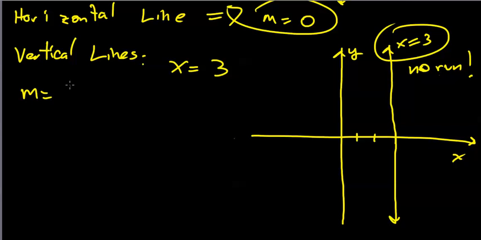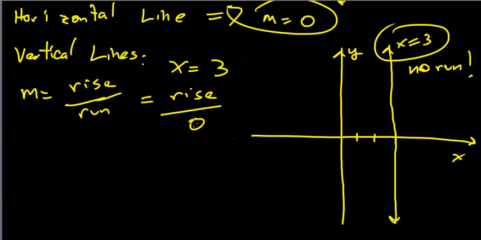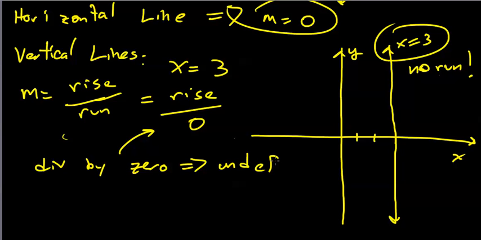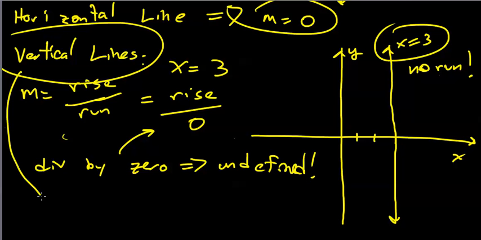So if I try to calculate my slope, no matter what the rise is, the run will always be 0, and division by 0 is undefined. So in this situation where you've got a vertical line, our textbook uses this phrase, no defined slope.